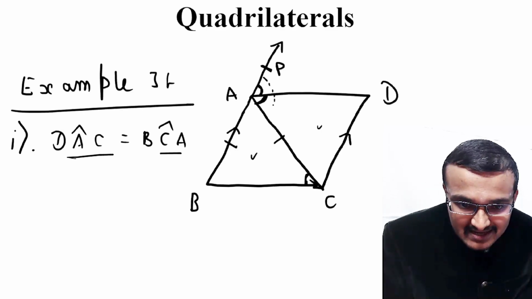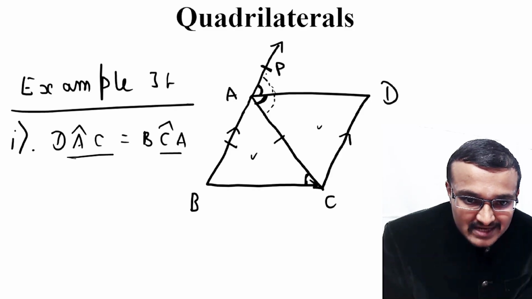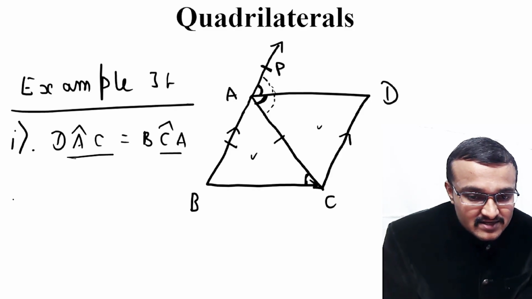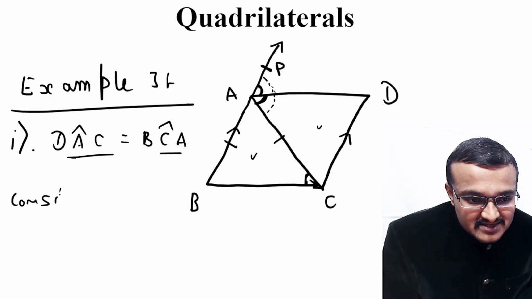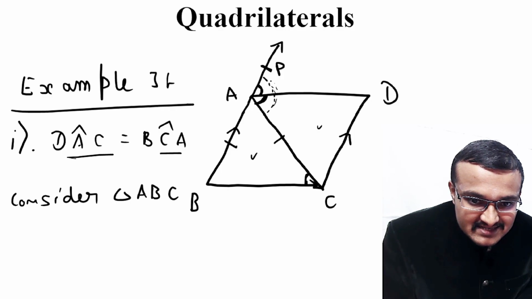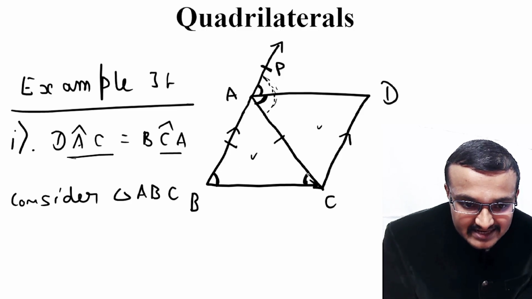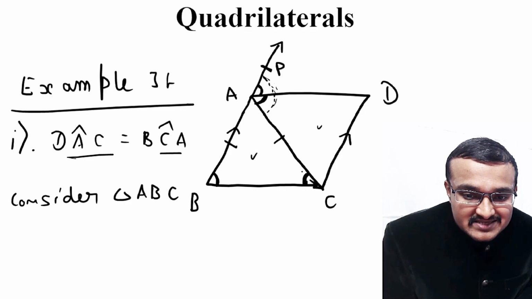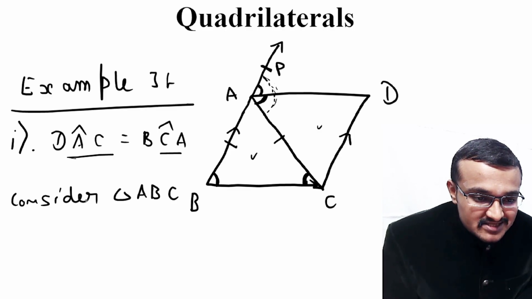So this total angle acts as the exterior angle. So here consider triangle ABC. So if you consider triangle ABC, this angle acts as the exterior angle, which will be equal to these two angles, that is angle ABC and angle ACB. So consider triangle ABC.